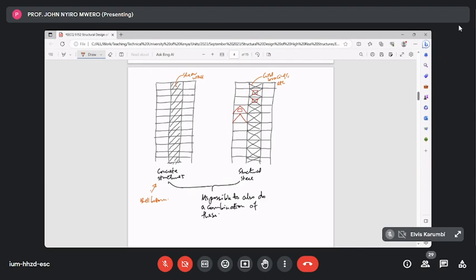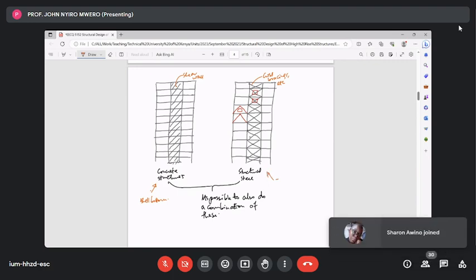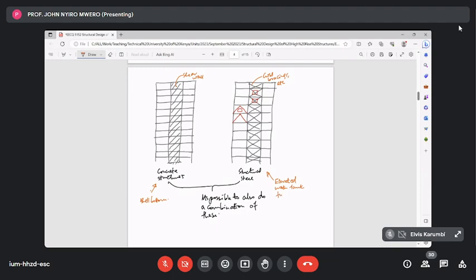I'll make an attempt. Maybe for this level of discussion, it might not make a lot of sense, but I will make an attempt. The easiest example of these bracings, the commonest, is in elevated water tanks, water tank towers. Steel. So you see, it's this tower where we'll put the pressed panel steel tank at the top.